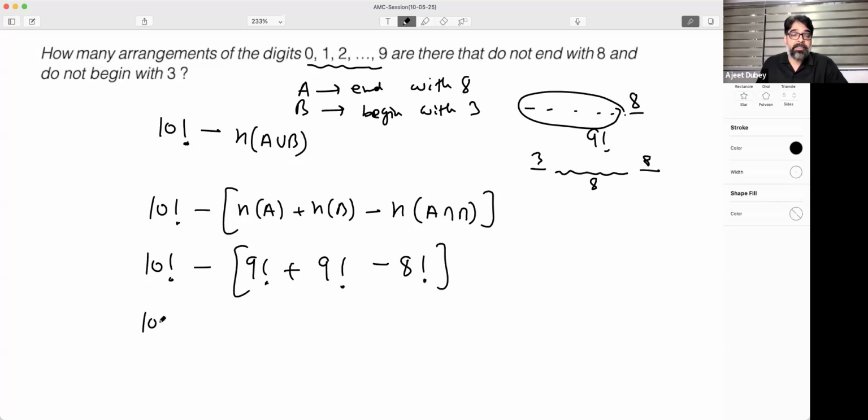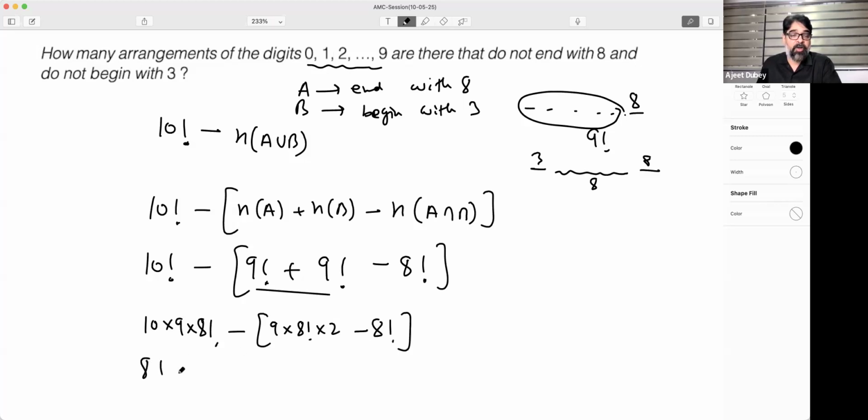10 factorial I can write as 10 into 9 into 8 factorial. Why? You'll understand. This 9 factorial I can write as 9 into 8 factorial into 2, because it occurs 2 times. Minus 8 factorial. So 8 factorial I can take common. 10 into 9, 90. And minus, got 72 minus 1, 71.